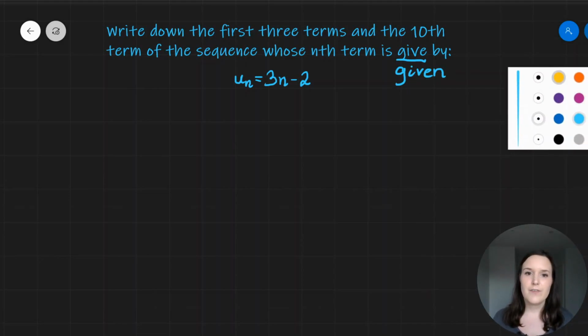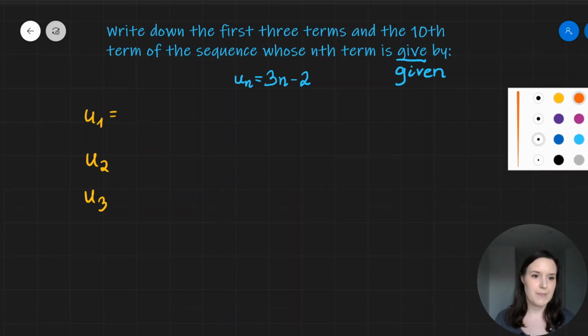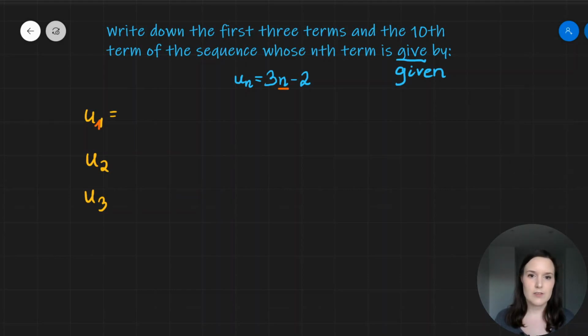Okay, the first 3 terms, so u1, u2, and u3. To calculate u1, I substitute 1 into my formula. Now n is 1, so that will be 3 times 1 minus 2, and that is 1. So the first term is actually 1.